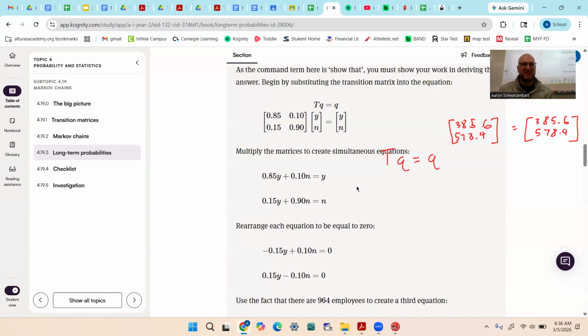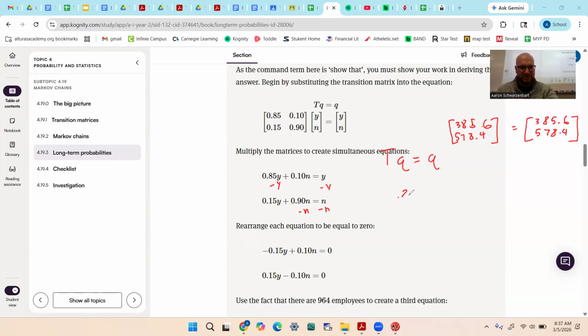But the calculating it is this. I know in general that it's going to be this times y, n equals y, n. That makes sense? So we're going to do the matrix multiplication and separate it into 2 lines. I will then subtract n from both sides of this one and subtract y from both sides of this one to make it 0.